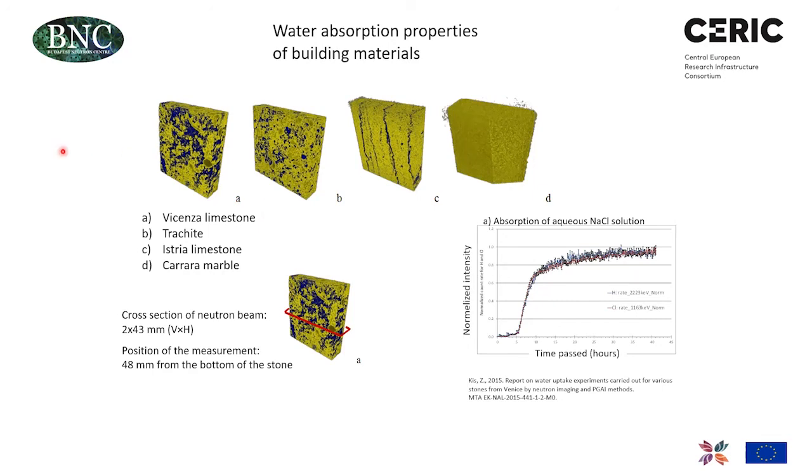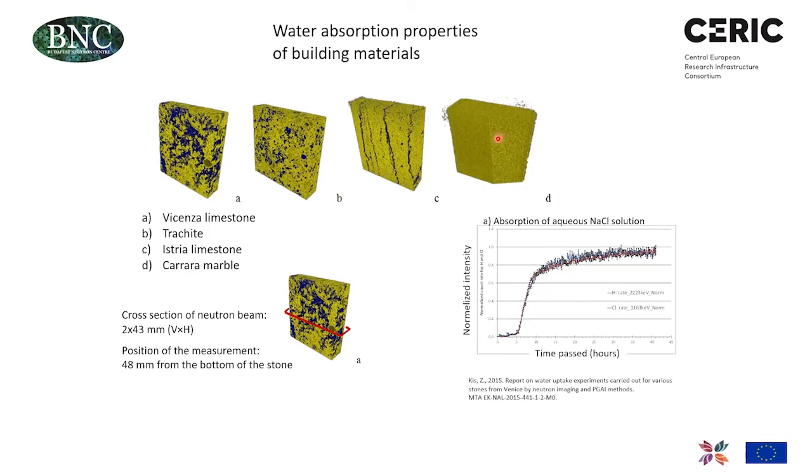Then you see that different limestone or marble samples picked up different amounts of this sodium chloride solution, and this is an indication of the pore volume inside these stones. Of course, Carrara marble was found the best one, which took up little or only marginal water.